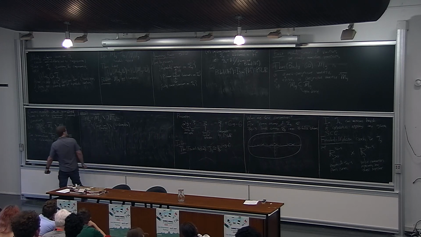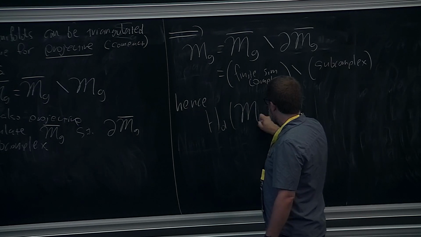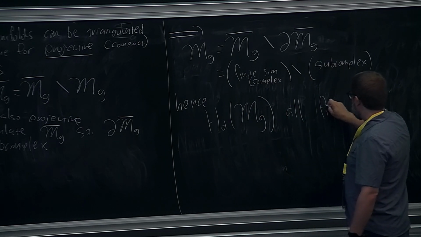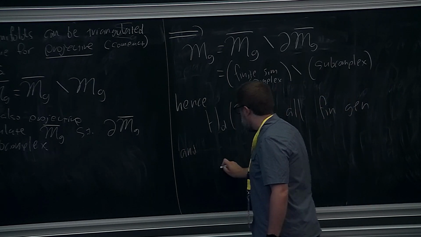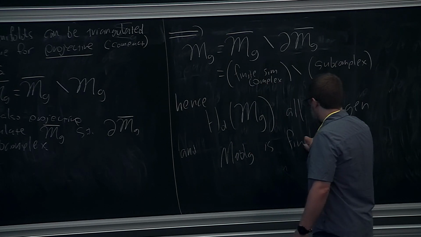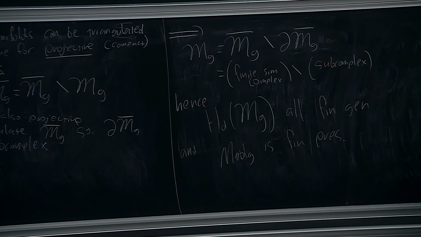So hence we have that the homology of M_g is finitely generated, and the mapping class group is finitely presented. The mapping class group is almost the fundamental group of M_g. Remember, M_g is Teichmüller space modulo the mapping class group.